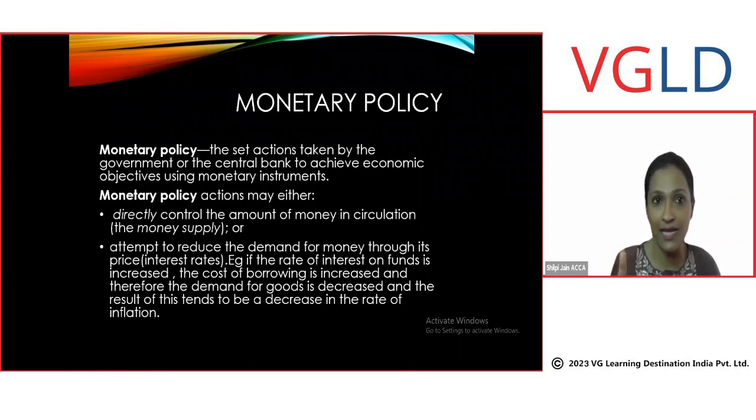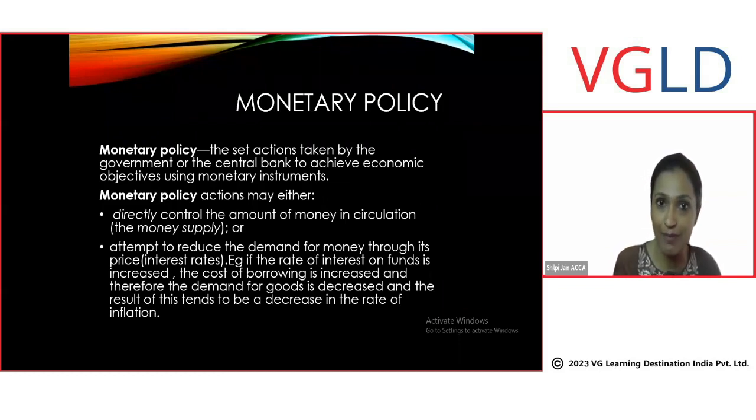So what are the two variables that we studied under the monetary policy? The amount of money in circulation as well as the rate of interest being charged. That is ultimately going to impact the money supply as well as the demand for money.